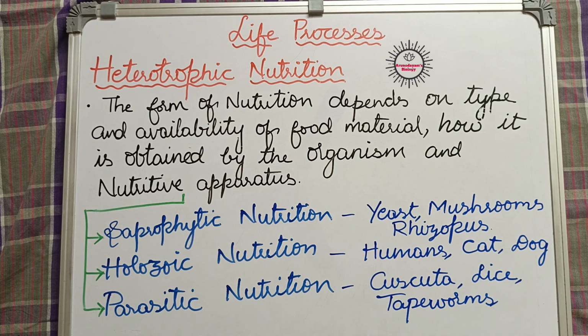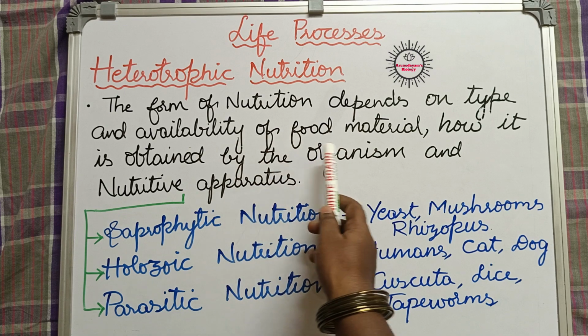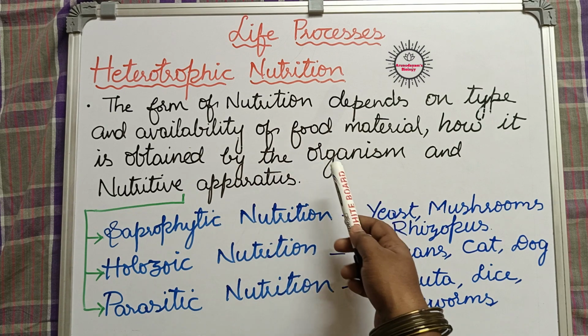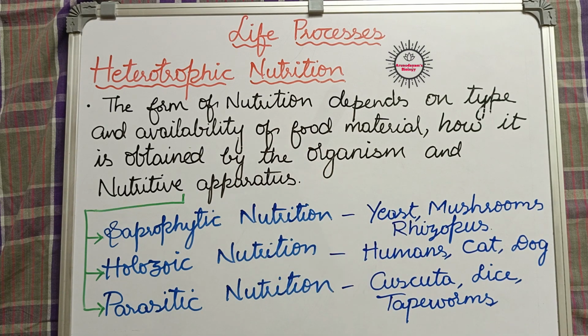They can run away from their enemies. Examples are deers. Lions, tigers, foxes, all these have to hunt these mobile food sources for food. All these carnivorous animals have to chase these mobile animals for their food material. So how the food is obtained by the organism also decides the form of nutrition here.